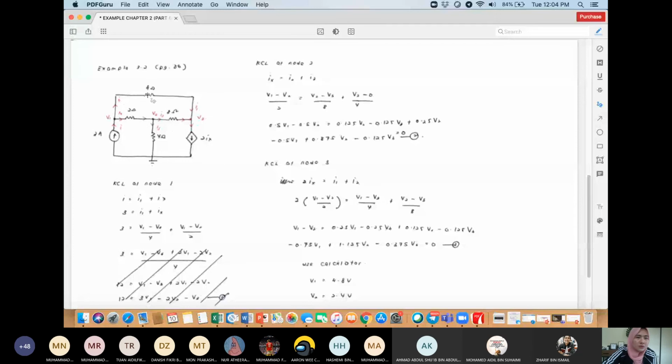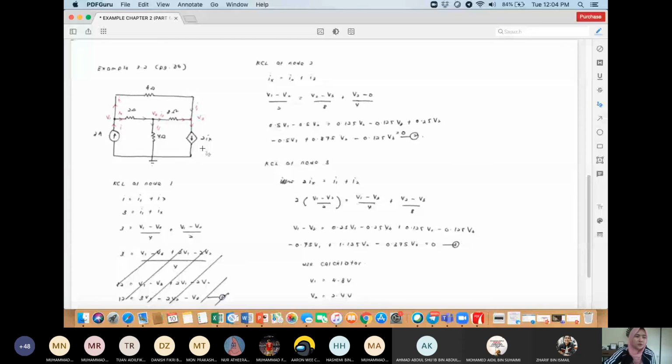This is the same current I1, and you have another current over here. The current over here follows the dependent current source, so this is actually 2Ix. After you determine the current direction and label the current, then you need to do KCL at each node.